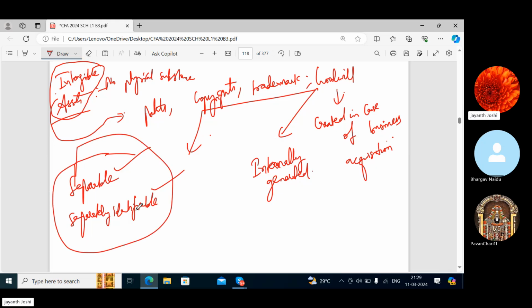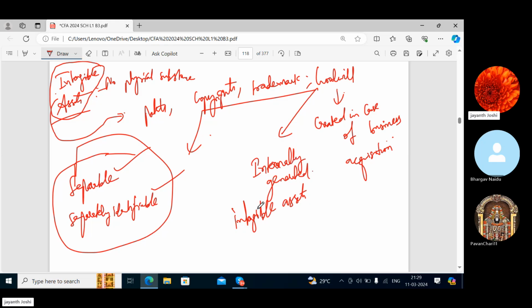But internally generated intangible assets, like any kind of software you develop, if it is separable and separately identifiable, that means you can separate it from the business and sell it in the market and get a value for it, then you can show it.